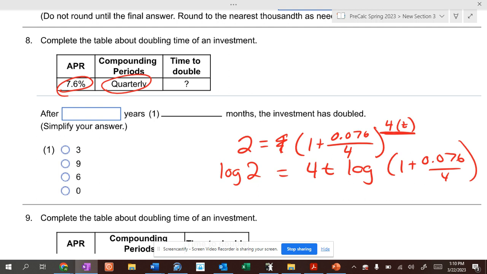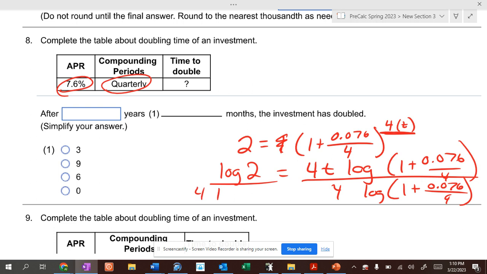Then if we divide each side by 4 log of this stuff, you're going to get like 9.2 something. So it'll be 9 years and so many months.